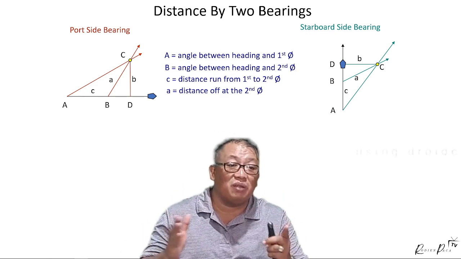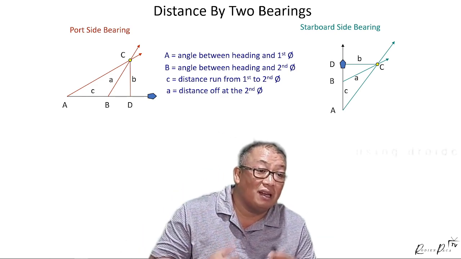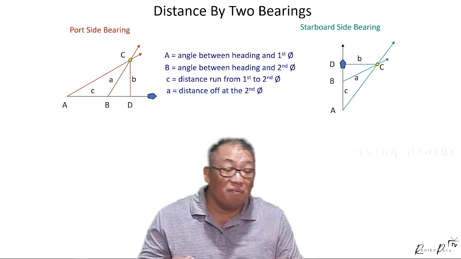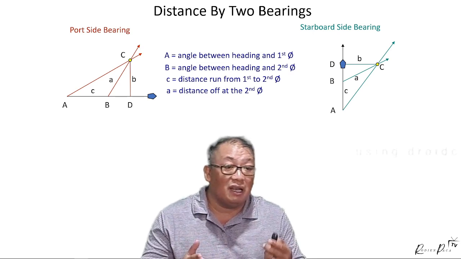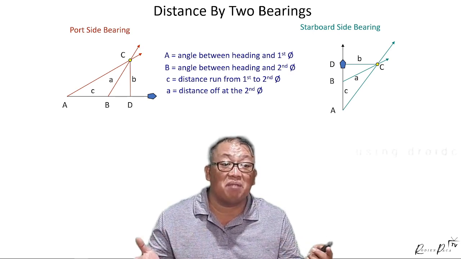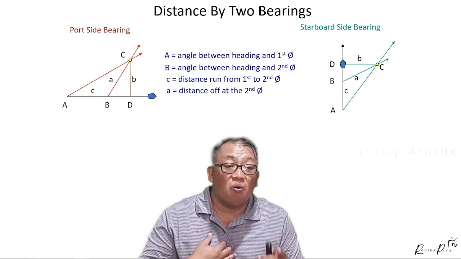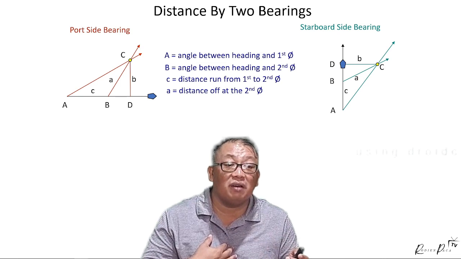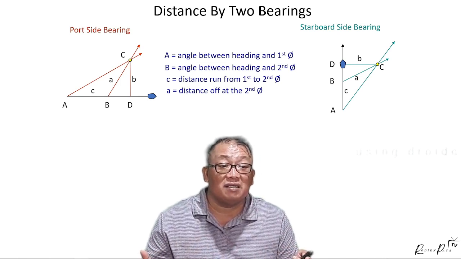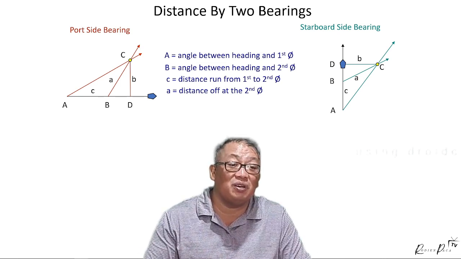Angle A is between heading and the first bearing. Angle B is the angle between heading and the second bearing. The distance run from first bearing to second bearing is very easy. It's letter C.